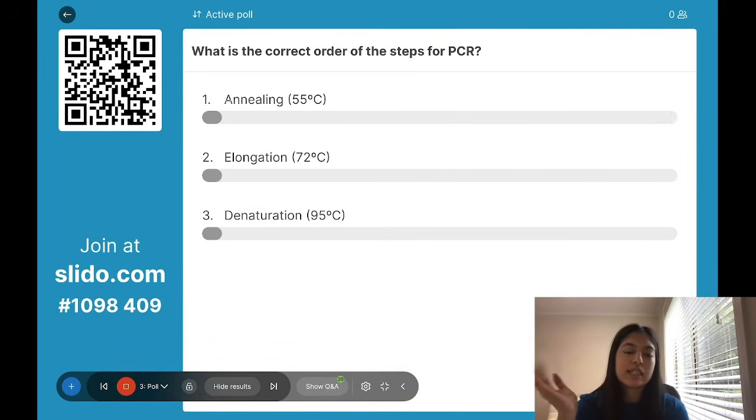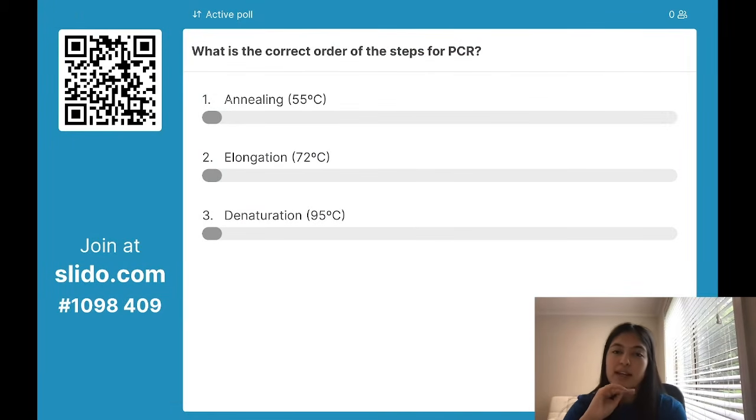Okay, ranking. So the correct order of the steps for PCR. Do you guys remember what the degrees that you need are?